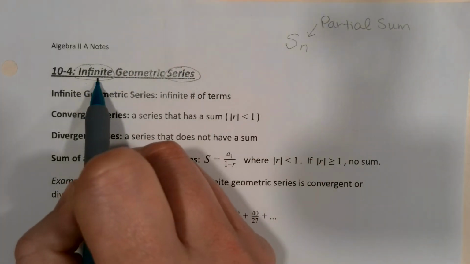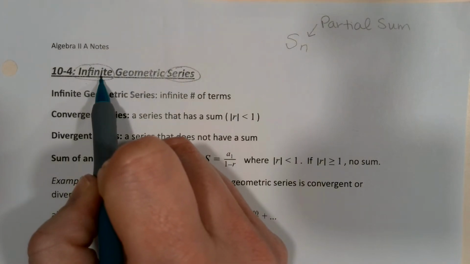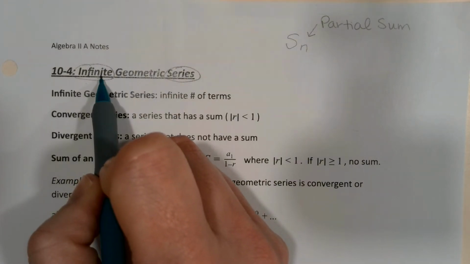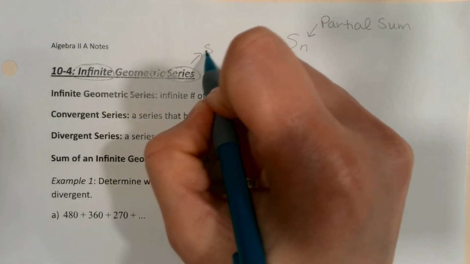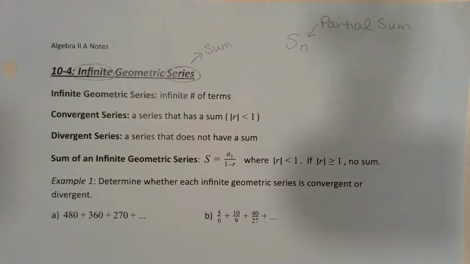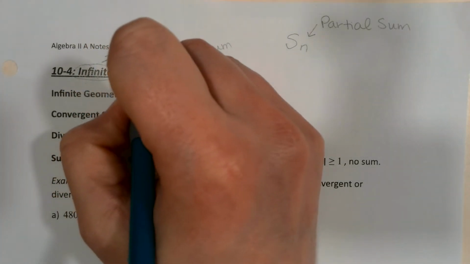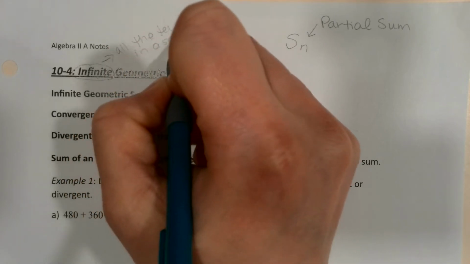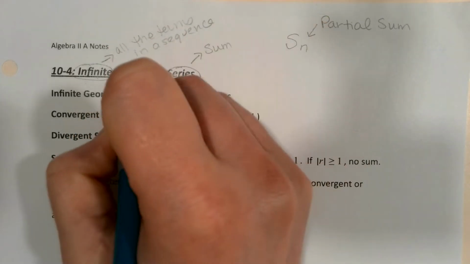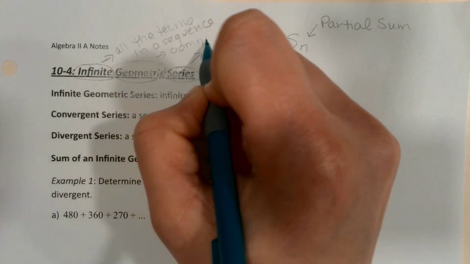If we're doing an infinite series, this is for an infinite number of terms, a complete series. Series meant sum. Infinite means all the terms in a sequence. And geometric means we're only working with a common ratio.